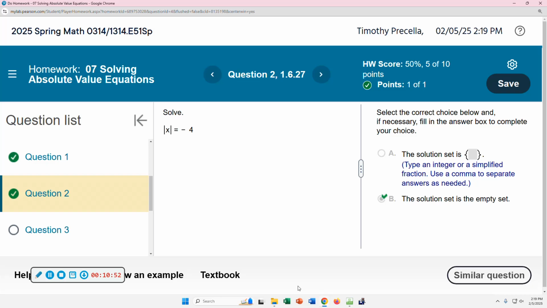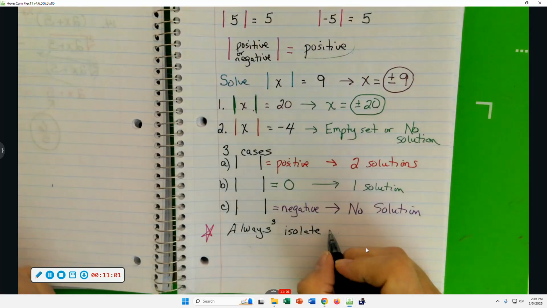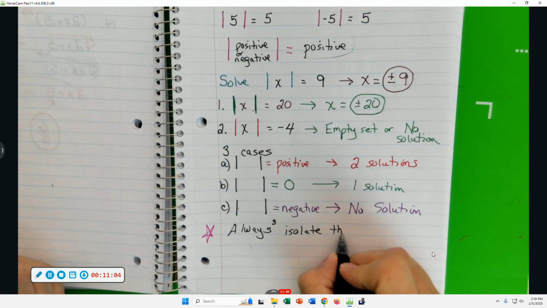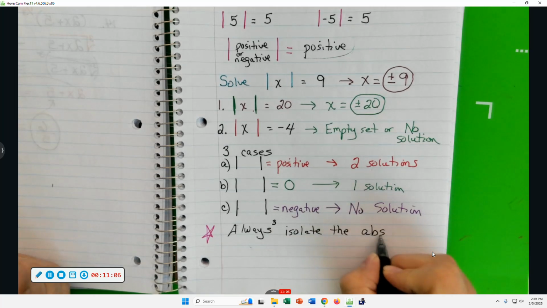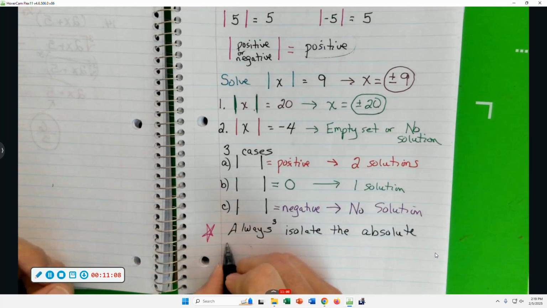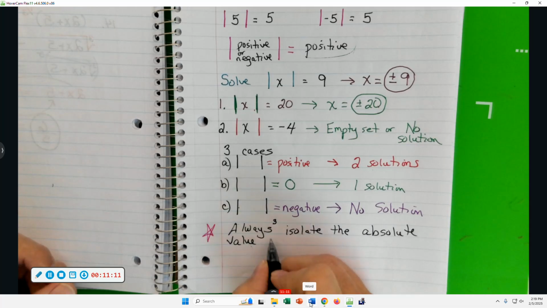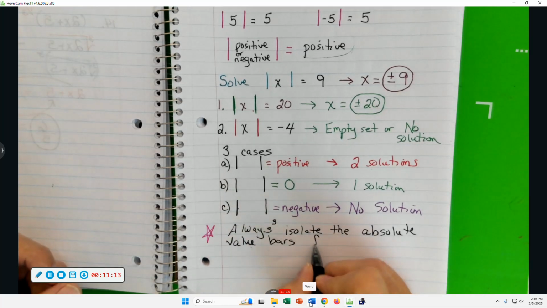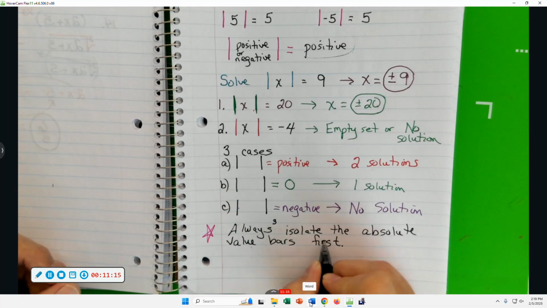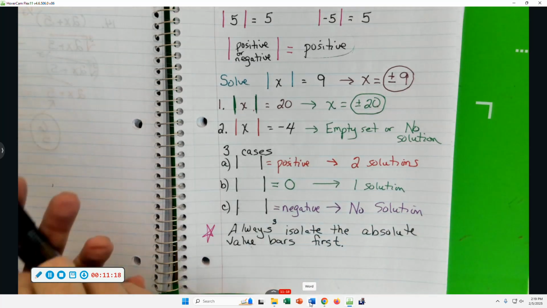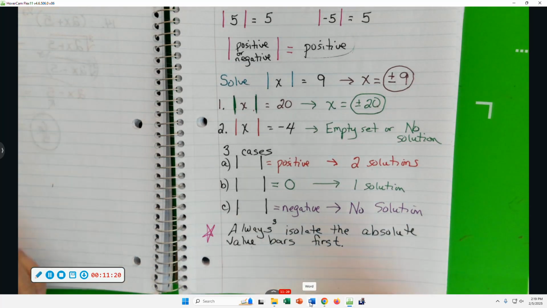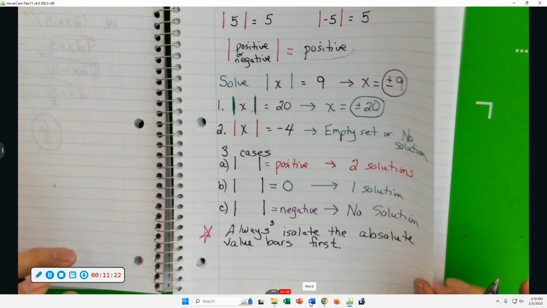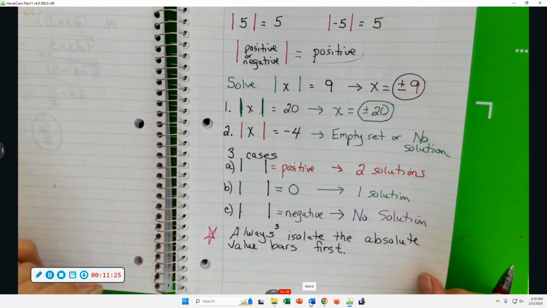Always, always, always isolate the absolute value bars first. It's a very important statement. When we start solving absolute value inequalities on Monday, that's still going to apply. You need to isolate the absolute value expression on one side before you do anything else.